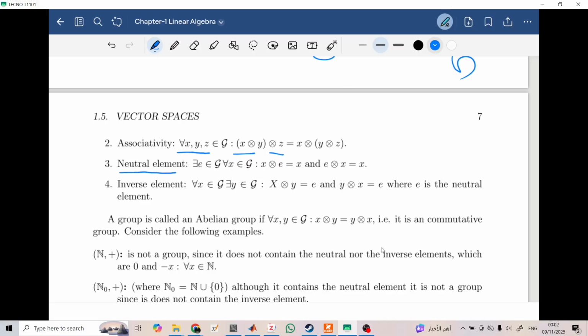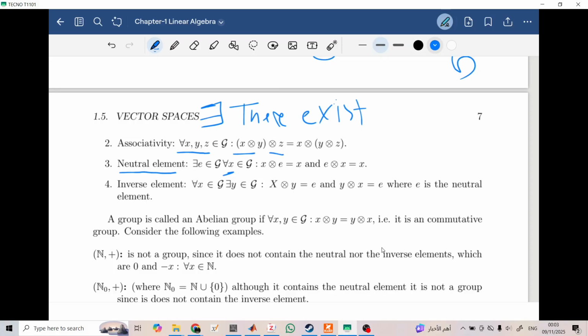This means there exists at least one element E that belongs to the set G, such that for all x in G, x operation E equals x, so nothing happens to x, and E operation x, so if we swap the order, we still get the same output, which is the same element.